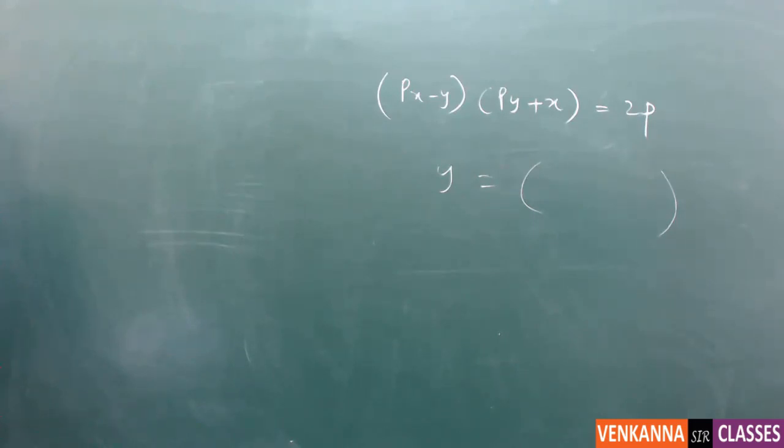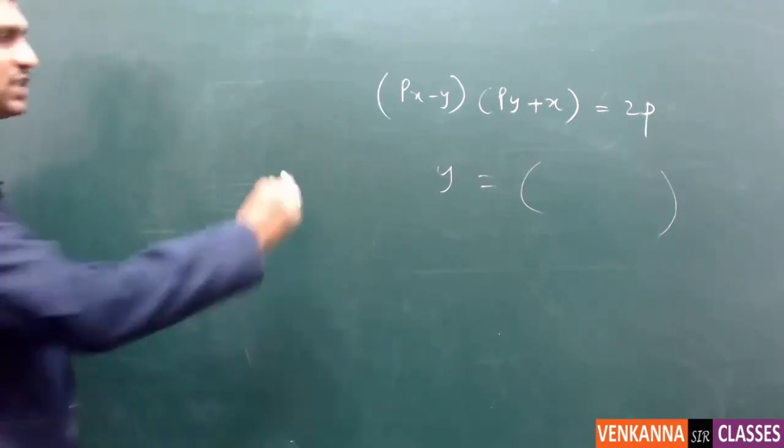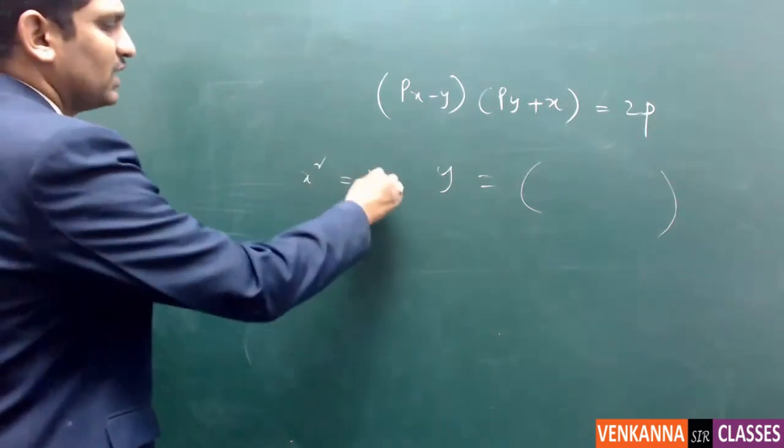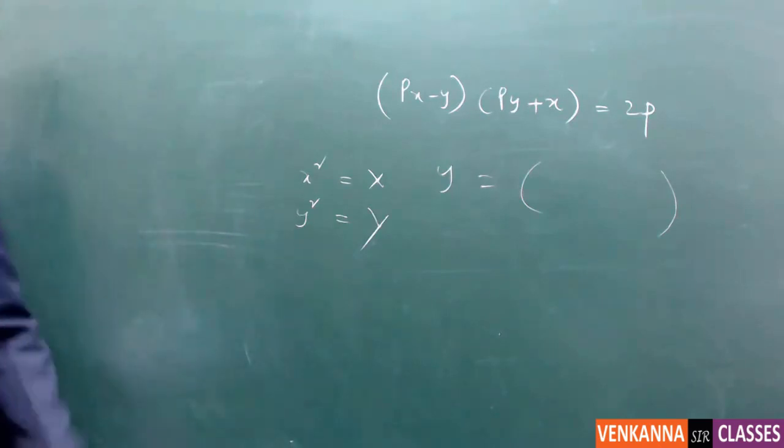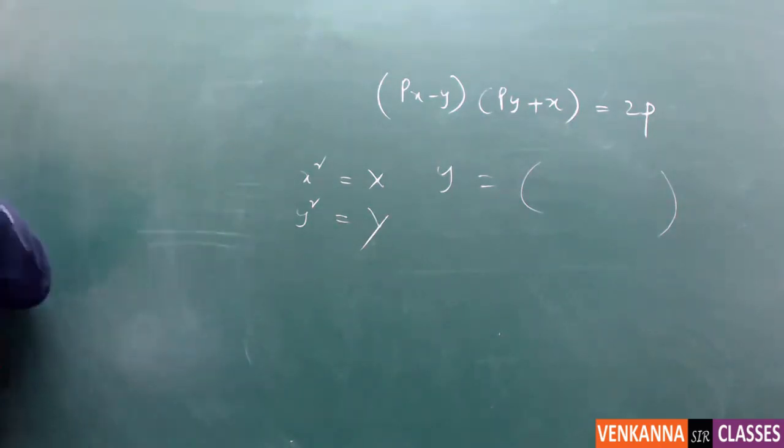Please understand one thing, that the suitable substitution is nothing but we are using some transformations. The transformations usually vary from problem to problem. But most commonly we use the transformations that small x square is equal to capital X, small y square is equal to capital Y for most of the problems.